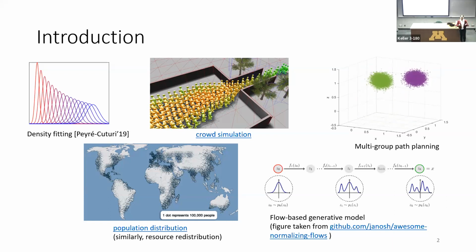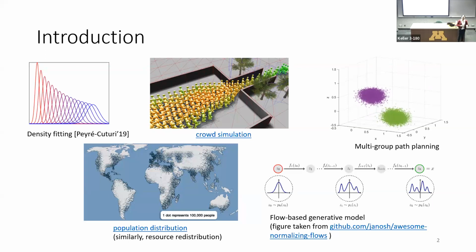For example, if there are more people gathering in one location, then it may take you extra effort to go through that region. And there are also cases where you are solving the density distribution flow on a manifold instead of regular Euclidean space. There are also cases where you want to study the flow of two different groups. All these kinds of problems are related to density flow.